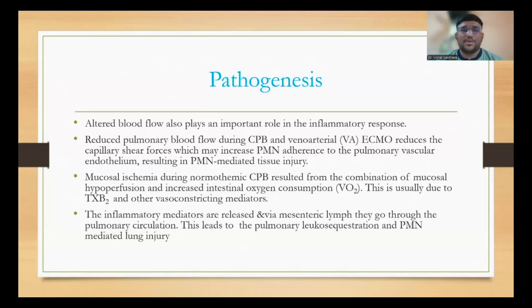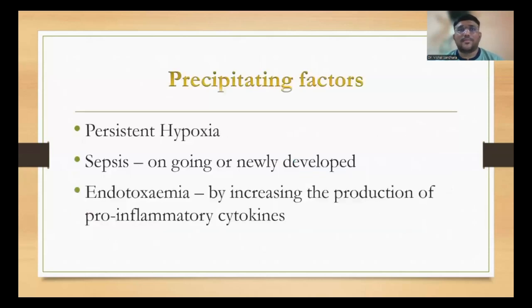Mucosal ischemia during normothermic CPB results from the combination of mucosal hypoperfusion and increased interstitial oxygen consumption, usually due to thromboxane B2 and other vasoconstricting mediators. The inflammatory mediators released travel via the mesenteric lymph nodes through the pulmonary circulation, and these lead to pulmonary leukosequestration and PMN-mediated lung injury.